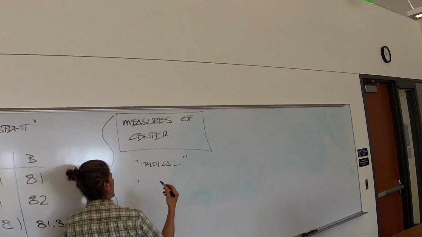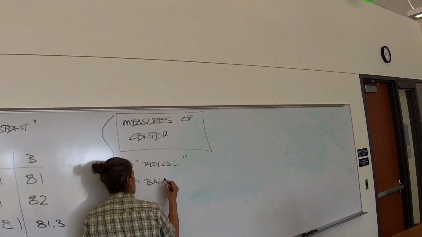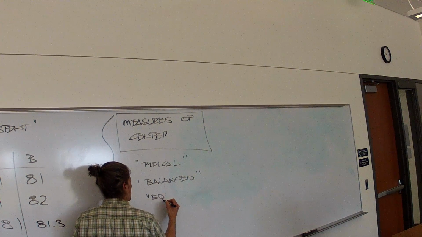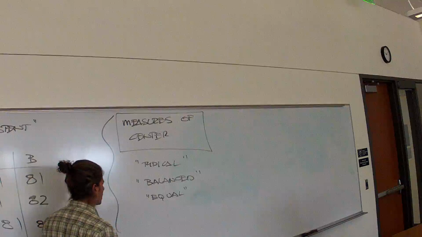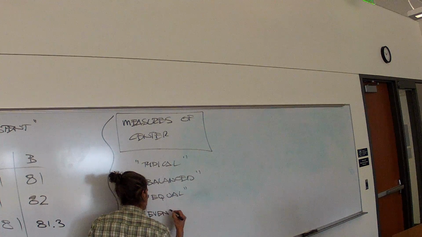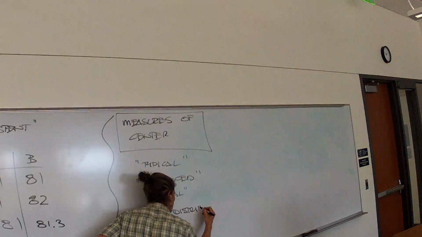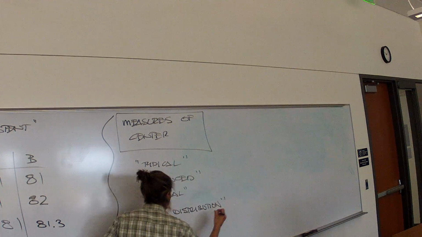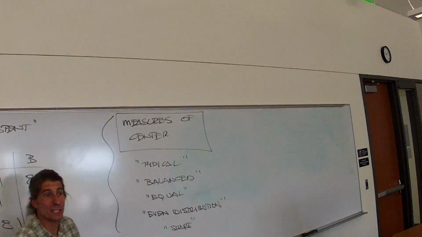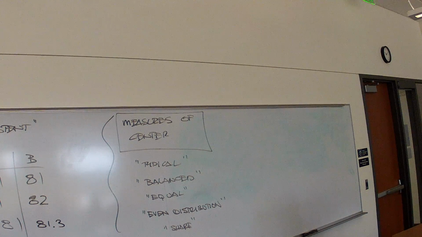Typical. Balanced. Equal. What other words were you guys using for center? Even distribution. Even distribution, love that. Anything else? Share. Oh, I love that one too. Especially with Athena's discussion right now about Bert.